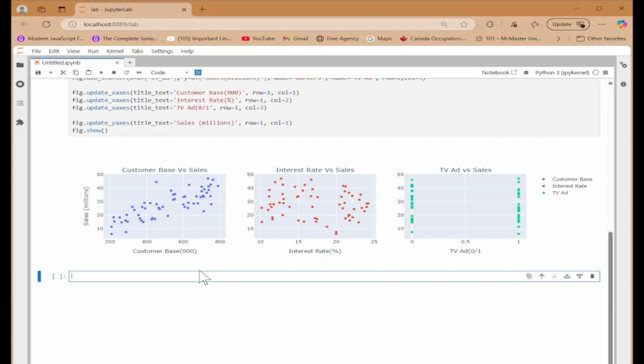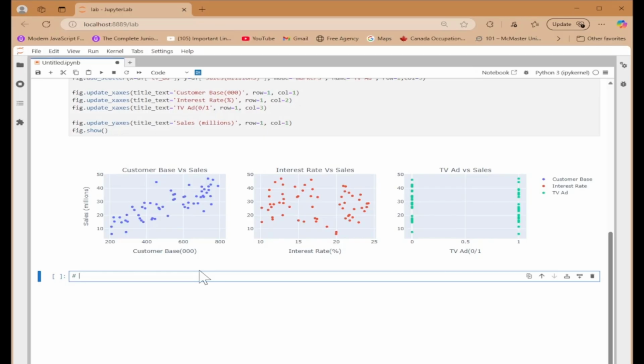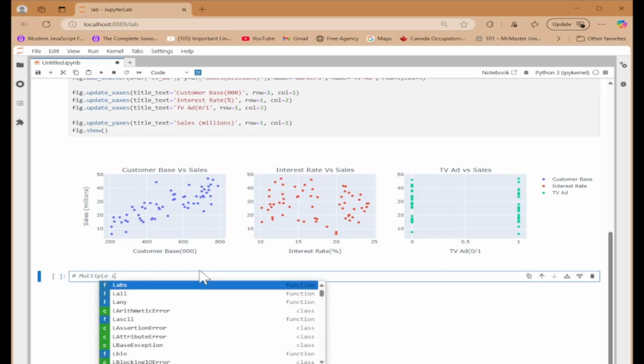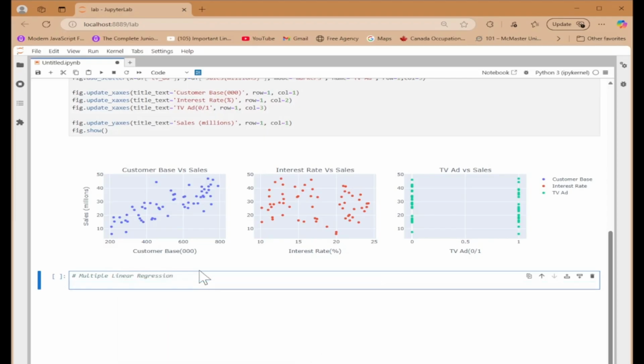Now let's run the regression, which we do like this: multiple linear regression. Okay, now reg equals smf.ols formula, which we have from Statsmodels, we imported that, equals Q. We are using Q because of a parsing issue in Python.